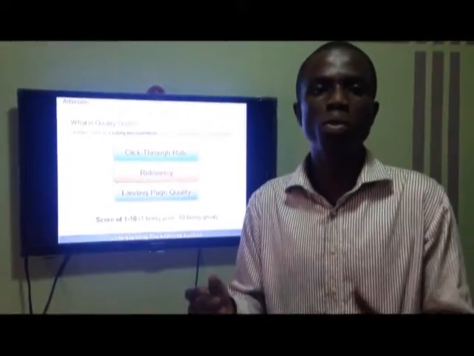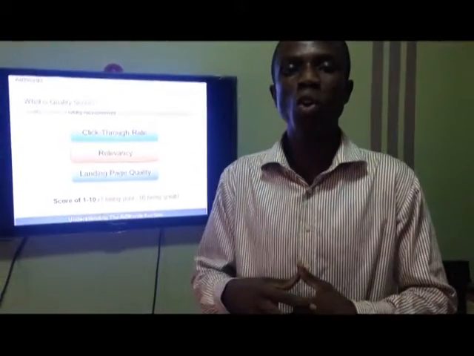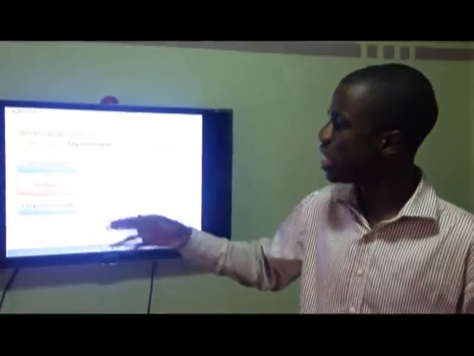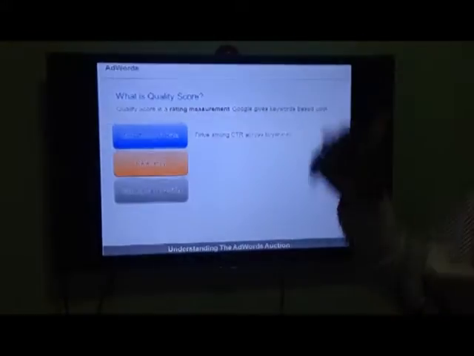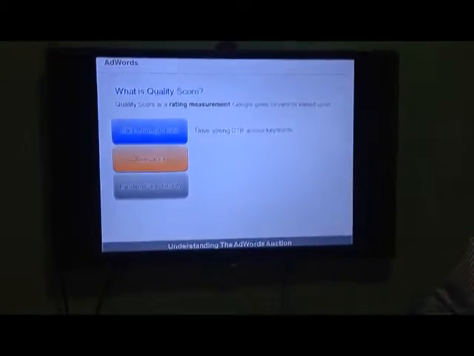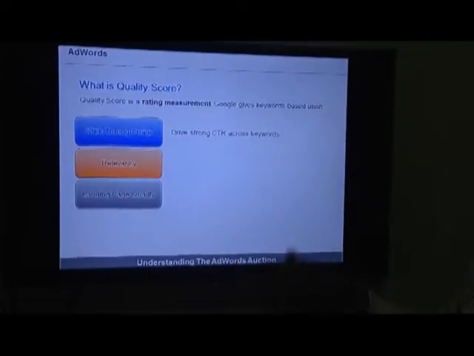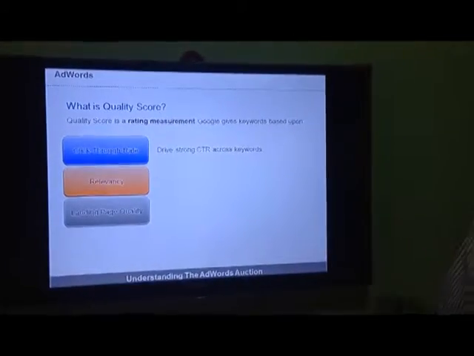So that's it. Looking at the various components, talk of click-through rate. Click-through rate, as I was explaining to you initially, is how often users click on the ad. If users click as against impressions, then it means that your CTR will actually go high. And when your CTR is high, your quality score improves. The second one is relevancy.